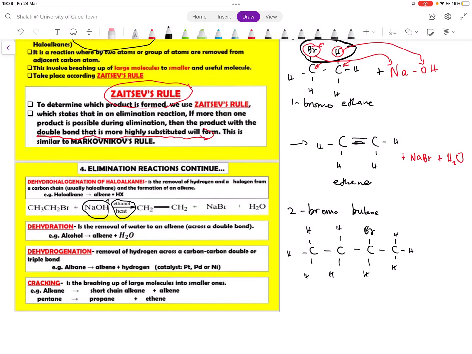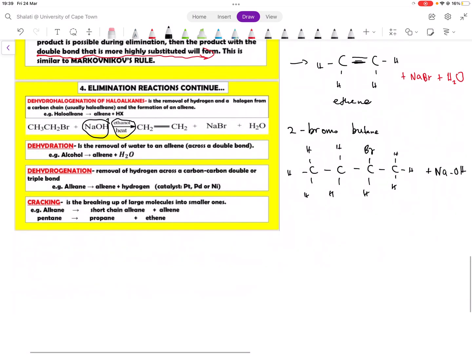You can use any base, sodium hydroxide or potassium hydroxide. Let me use the same base again, NaOH. In this one you will see how to use the Zaitsev rule. I'm going to show the two products which are going to form. There are two possibilities. This Br can go with this hydrogen, or it can go with this hydrogen.